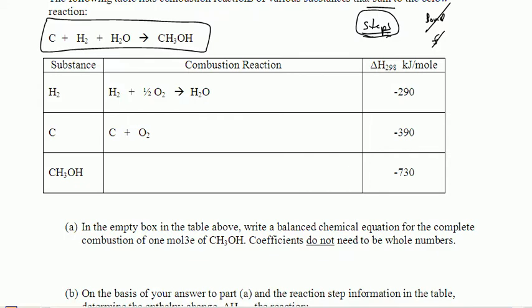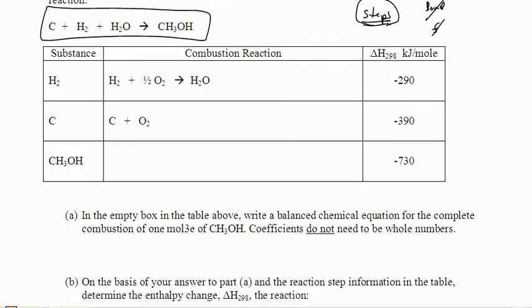Okay, so let's make that clear before we begin. In the empty box in the table above, write a balanced chemical equation for the complete combustion of 1 mole, what the heck, of 1 mole of CH3OH. Coefficients do not need to be whole numbers, so we're going to leave them as fractions. Okay, well, we're talking about combustion reactions. Here it is, CH3OH plus O2 goes to CO2 plus H2O.